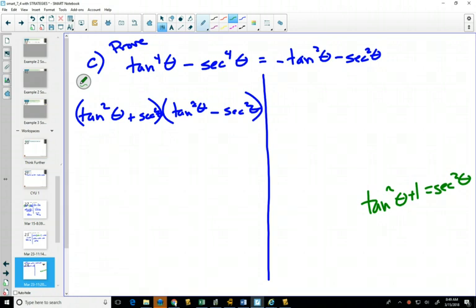Of those three, if you played around with this equation by moving things over, is it possible ever to get tan squared plus secant squared on one side of that equation? Is it possible to ever get tan squared minus secant squared on one side? Or is it possible to get a minus tan squared and a minus secant squared on one side of this equation?